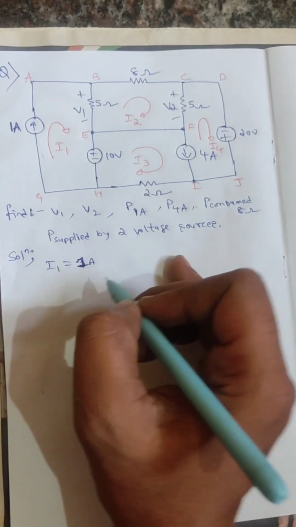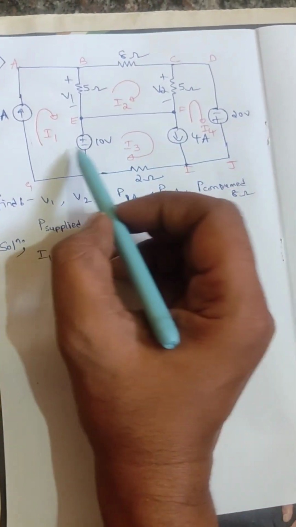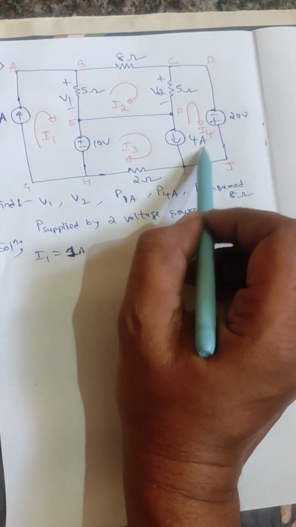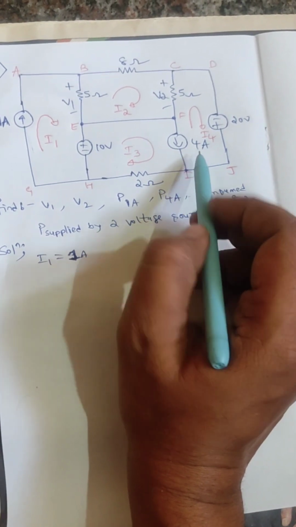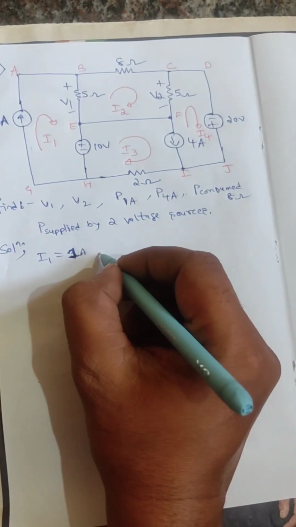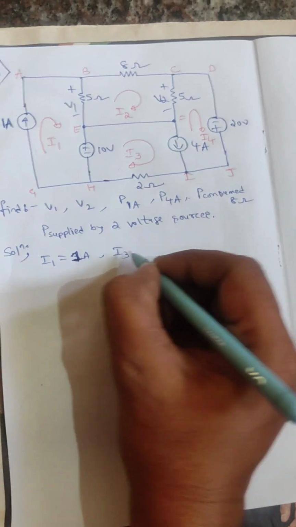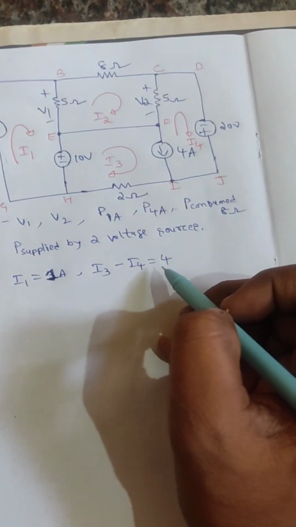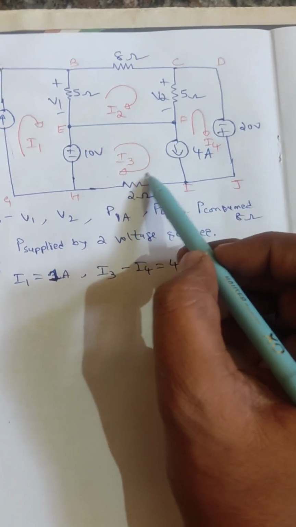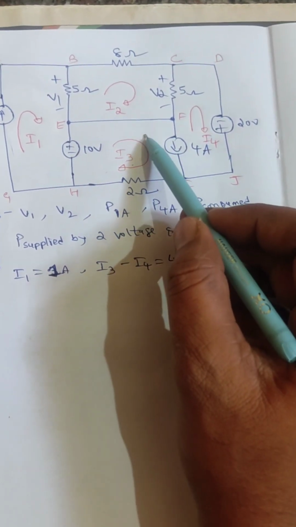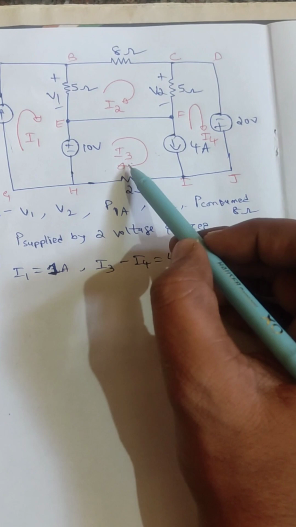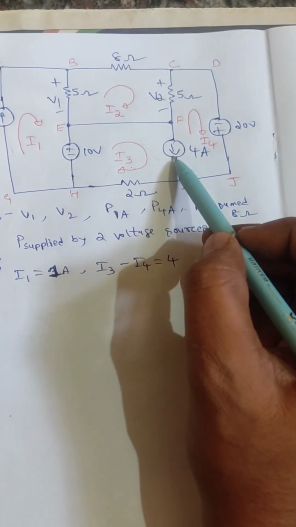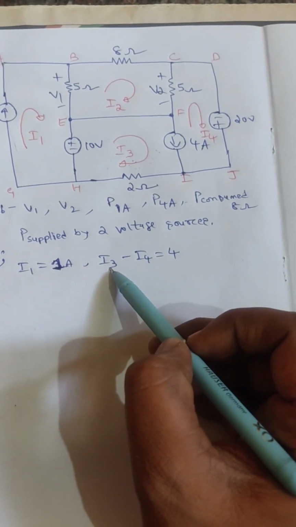Then similarly, one more current source is given, the 4 ampere current source. This current source we can write in equation form like this: I3 minus I4 is equal to 4. How? See, these are my assumed directions of current. I3 is flowing like this, and this direction and this direction are the same. That's why we need to write plus I3.